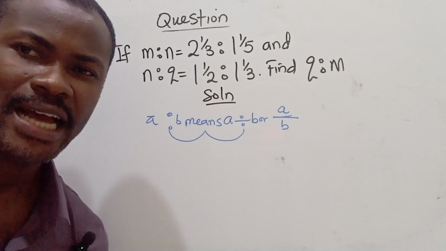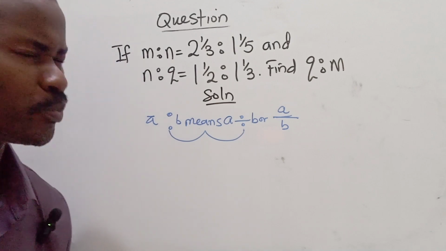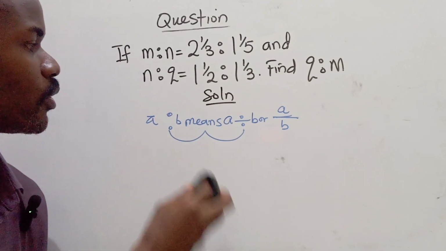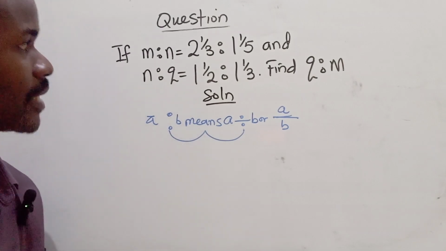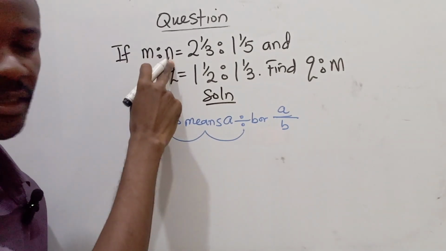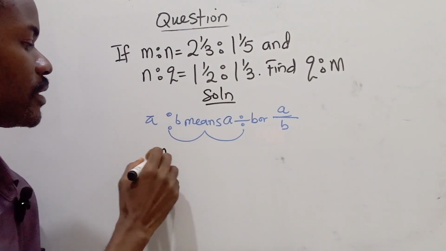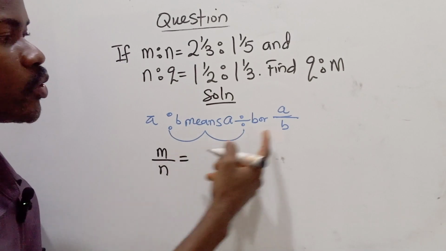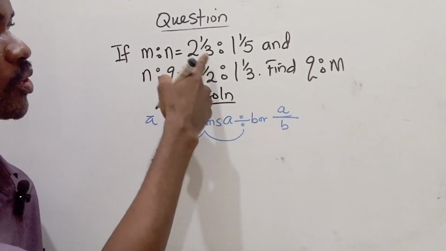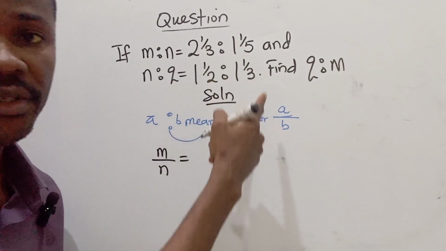Okay. So with that, we can now keep what we have on the board in this form. Let's quickly write it. So m ratio n means m divided by n. I'll choose to write it like this: 2 1/3 ratio 1 1/5.